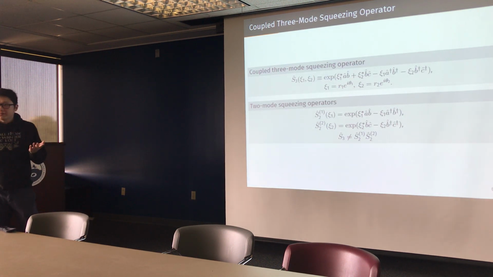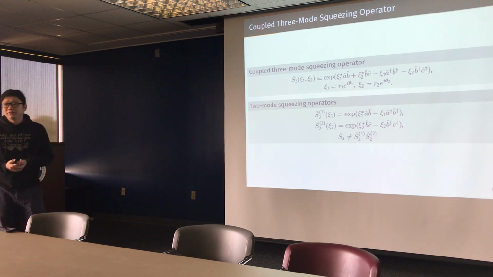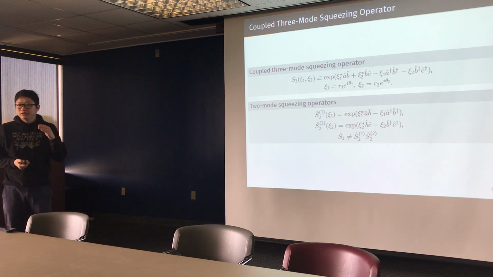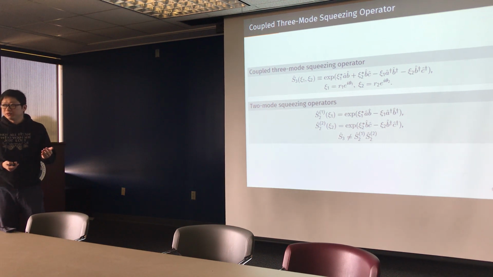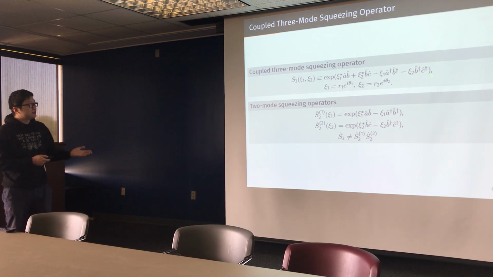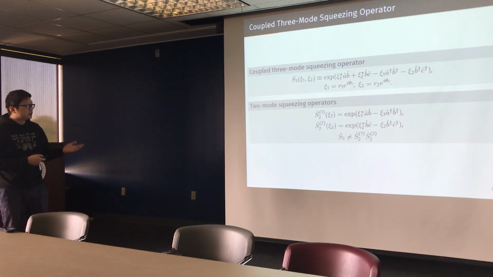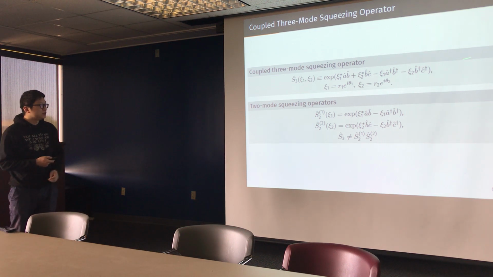Now we can use a bunch of approximations. Namely, we have to use the no pump depletion approximation and also the rotating wave approximation. Then we switch to the interaction picture, and we can obtain the squeezing operator, which is the unitary evolution of the interaction Hamiltonian. It looks like this, from the Hamiltonian that we had before. C1 and C2 here are the squeezing parameters, which I'll write out later using R1, theta 1, R2, and theta 2.